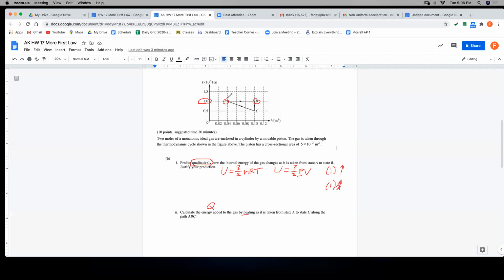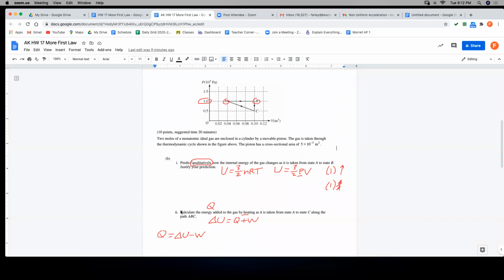As we go from A to B to C, we want to figure out how much heat. So we're going to use delta U equals Q plus W. Really what we're trying to figure out is Q, so Q is going to be equal to delta U minus W.